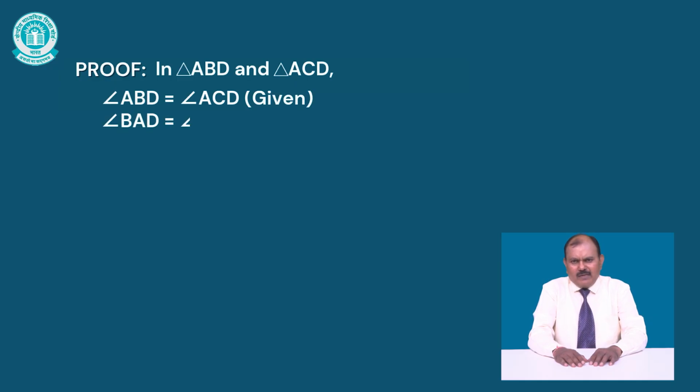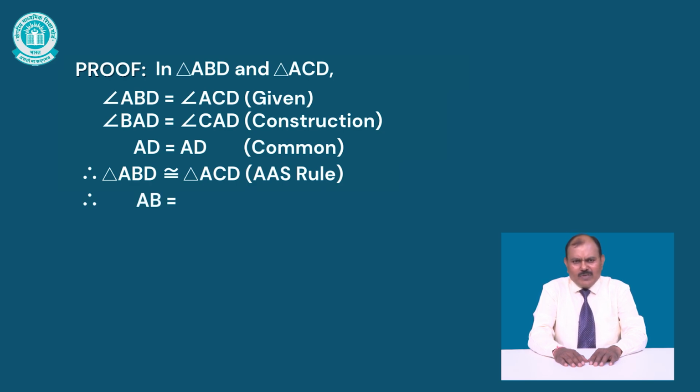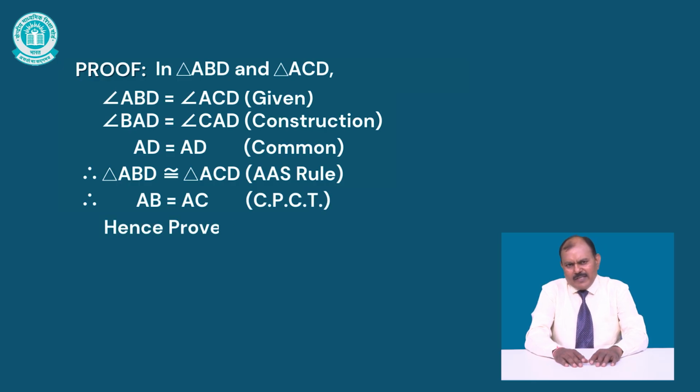Angle BAD equals angle CAD by construction, and AD equals AD is common. Therefore, triangle ABD is congruent to triangle ACD by ASA rule. Therefore, AB equals AC by CPCT. Hence proved. Let us solve some problems.